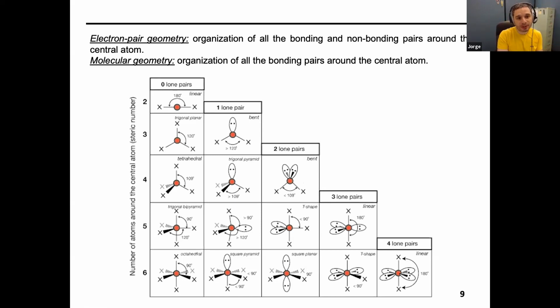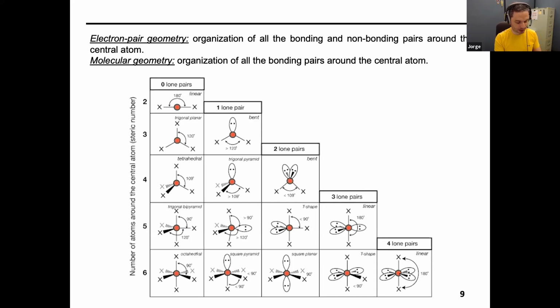Therefore, the biggest difference between electron pair and molecular geometry is that for the first case, you are going to consider bonding and non-bonding pairs that will arrange everything in the space. And for molecular geometry, we are going to look at only the positions occupied by atoms.